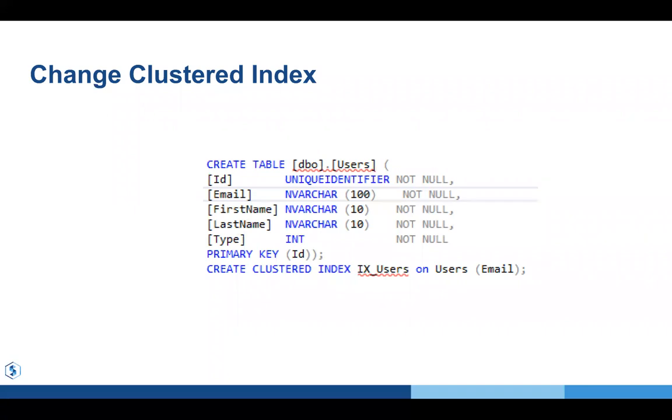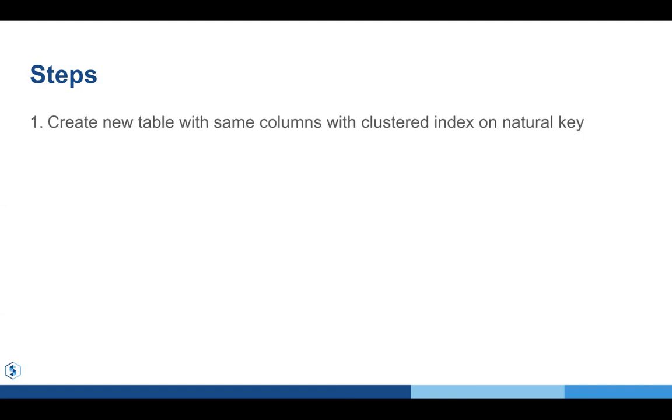Then we'll need to follow some steps to change this cluster index. These steps need to be executed in a maintenance window, and we will need to do some backups and everything, because what we are going to do is create a new table with the same columns, the same schema as our actual table, just adding our cluster index on the natural key that we are going to use.